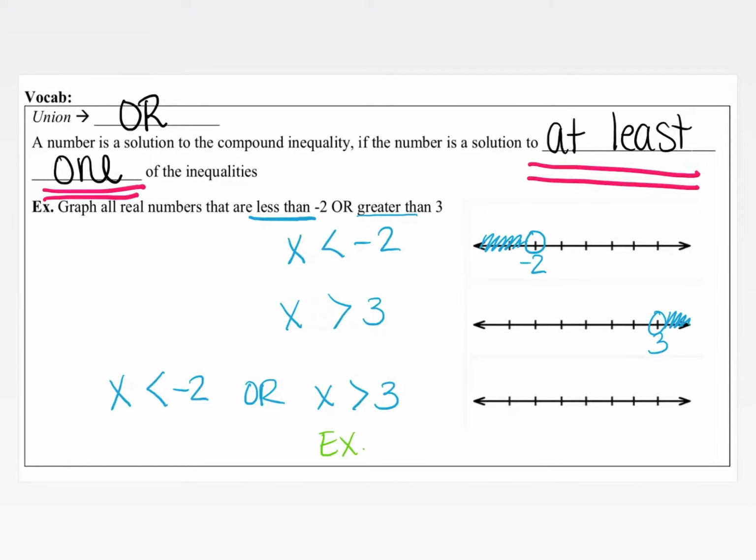For an example, let's say x equals 4. It satisfies at least one inequality.